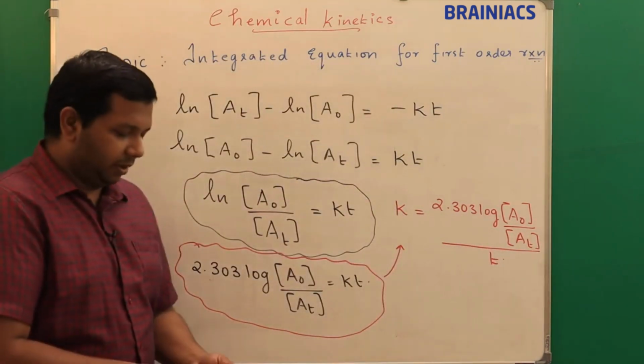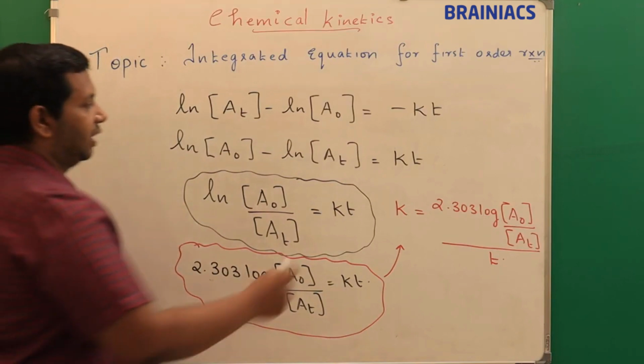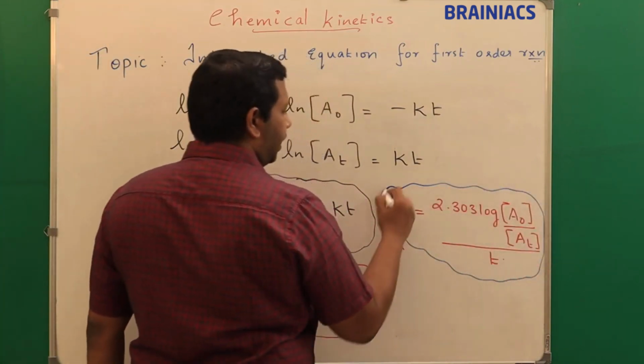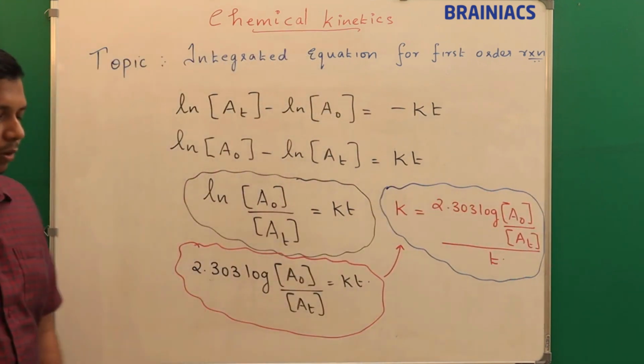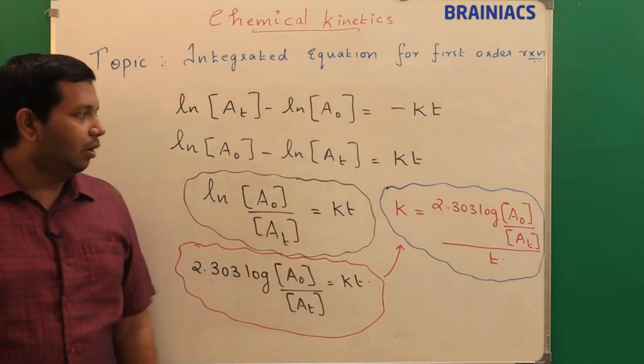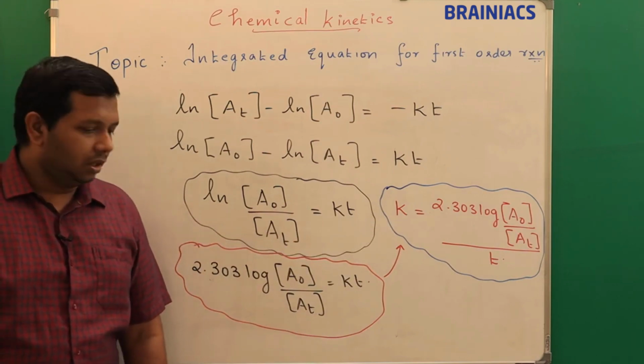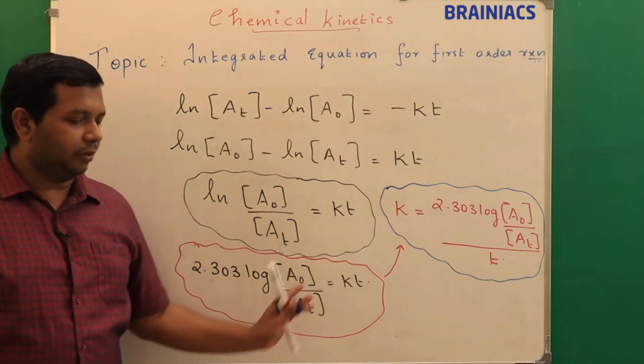So this also you should remember, because this will give you the rate constant k. So please remember the rate constant for a zero order reaction and first order reaction. 2.303 by t log a0 by at. Clear? So I hope this is clear for you until now.